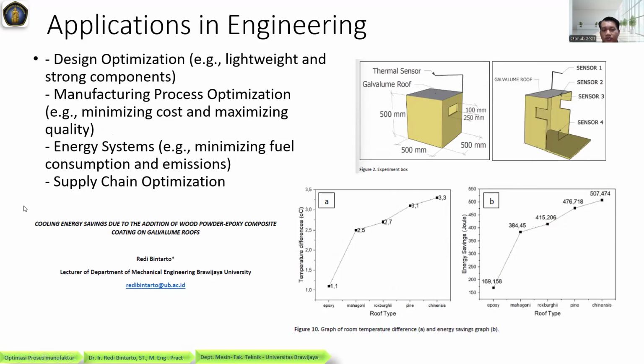I have a new research about cooling energy saving due to the addition of wood powder epoxy composite coating on galvalume roof. I add some composite on the metal roof, and then I measure the cooling energy saving. How much energy could we save from adding composite above the roof?